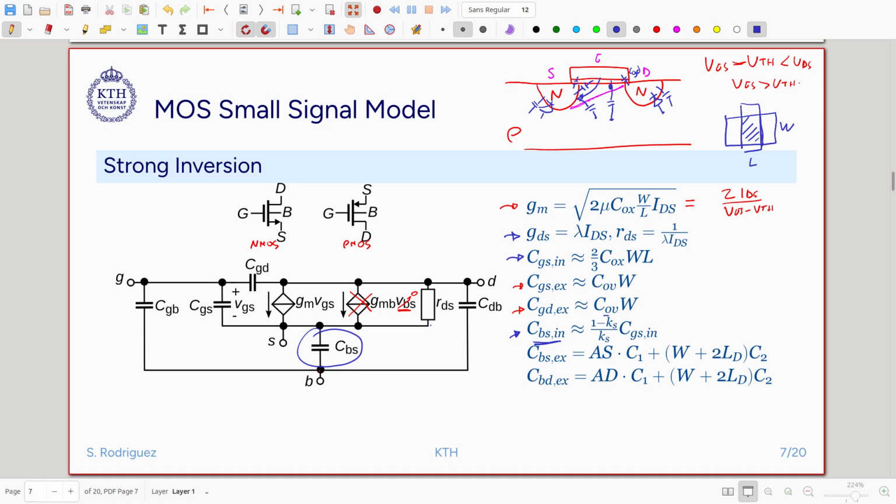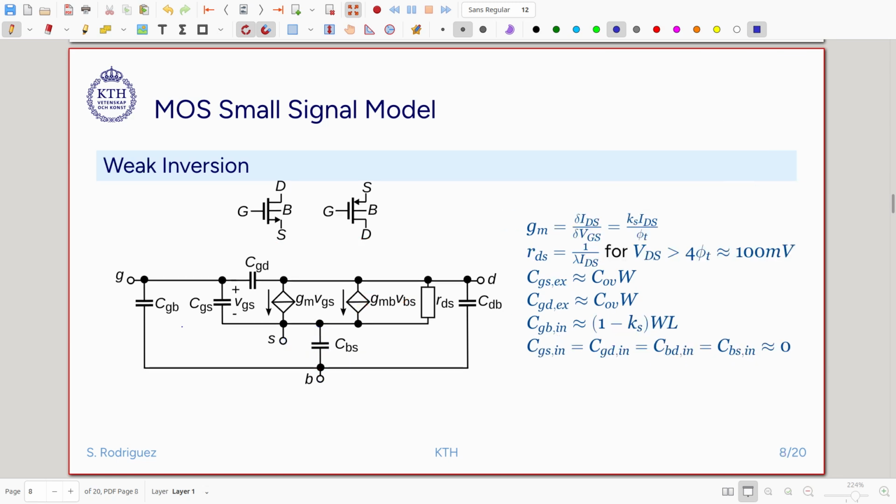As a first approximation, we will assume that the bulk is at Vs, and then this capacitance will disappear, and CGB will appear in parallel to CGS. That will simplify our model a little bit whenever we do circuit design without introducing a huge error.